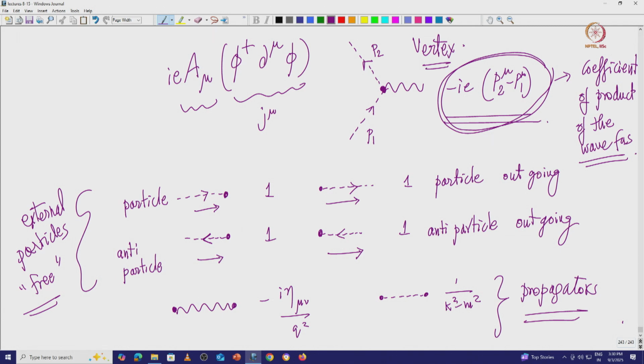If the charge is moving out and the momentum is moving out, it is also called a particle. In this case the wave function is nothing but 1. For the antiparticle, the coefficient of the wave function is defined with an opposite charge incoming, so that is why we define it as an opposite arrow with an incoming arrow.